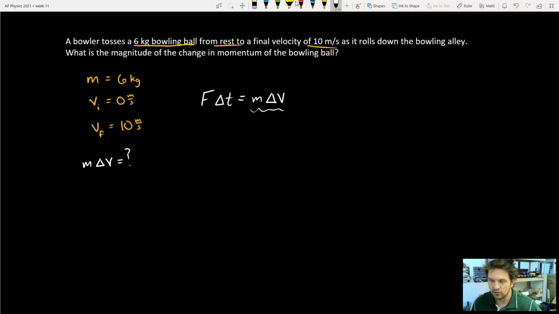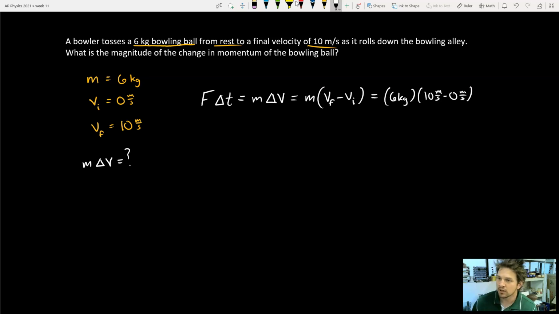So what that's going to look like is mass. Remember, change in anything is always the final one minus the initial. And so we can just keep on plugging that in. We got mass is 6 kilograms, right? The final velocity was 10 meters per second, and the initial velocity was 0.